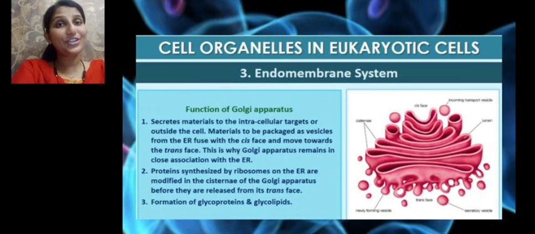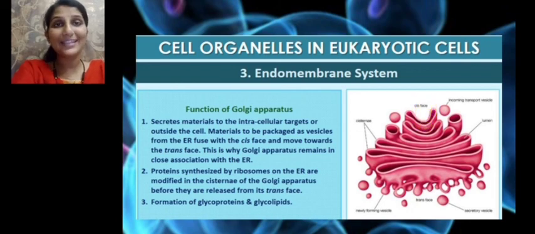Now, what is the function of the Golgi apparatus? The first function is secretion. It secretes certain materials which are received by certain intracellular targets, that is within the cells, and these secretions are also transported outside the cell. The second function is packaging. Materials to be packaged as vesicles, which are released by the endoplasmic reticulum, fuse with the cis phase.